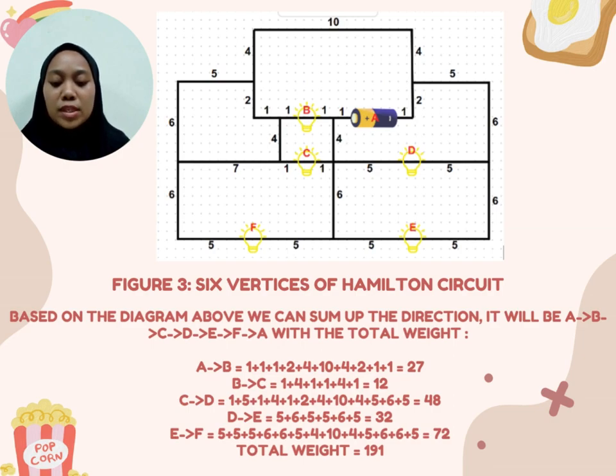And for vertex D to E, 5 plus 6 plus 5 plus 5 plus 6 plus 5, total is 32. And lastly for vertex E to F, 5 plus 5 plus 5 plus 6 plus 6 plus 5 plus 4 plus 10 plus 4 plus 5 plus 6 plus 6 plus 5. So total is 72. So total weight for figure 3 is 191.